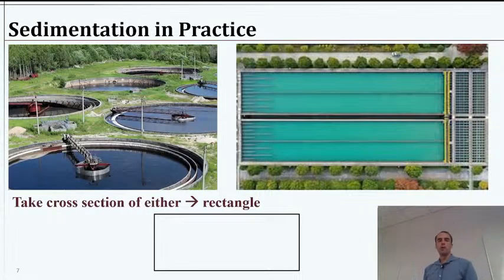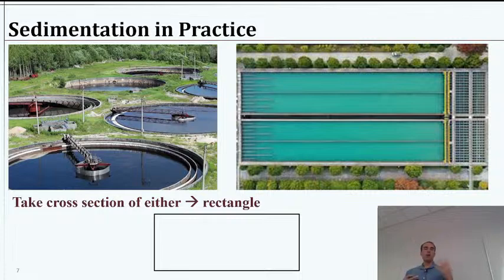Okay, so now that we have some sedimentation velocity, what does this look like in practice? How do we design a system? Well, if we take a look at water treatment systems, we will often see these large circular basins. Sometimes we'll see long rectangular basins, and not every single circular one is going to be a sedimentation chamber, but many of them will be.